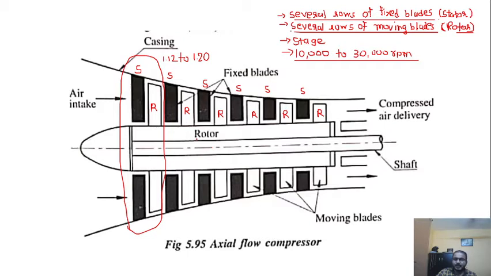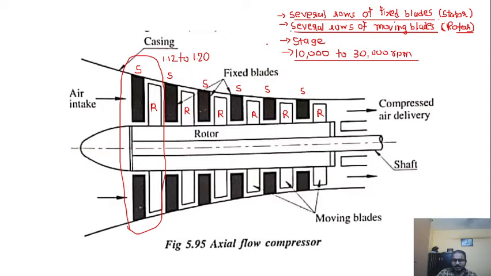One more thing that we need to understand is that it is ensured that the gap between the stator and rotor is minimum, or they are very close to each other, and the space available between two consecutive blades is kept diverging in shape, so that we can achieve the pressure rise here.